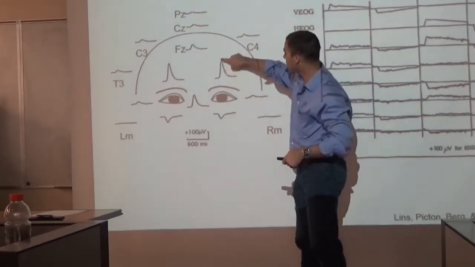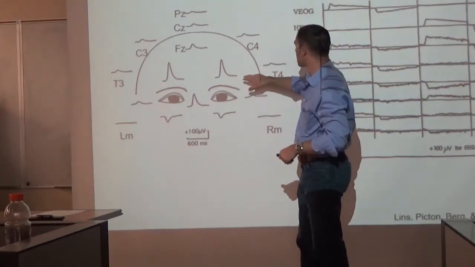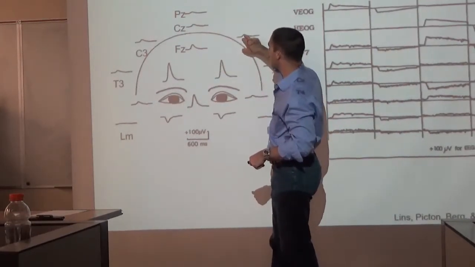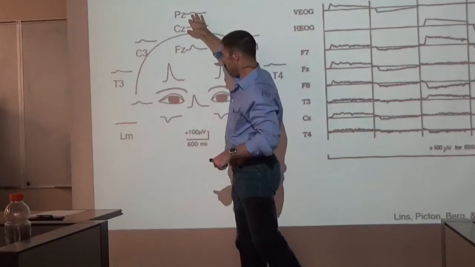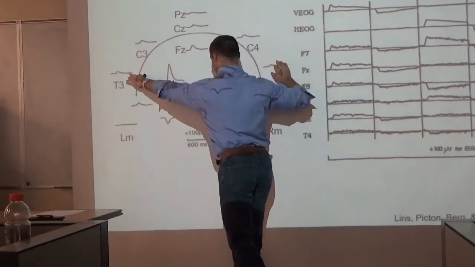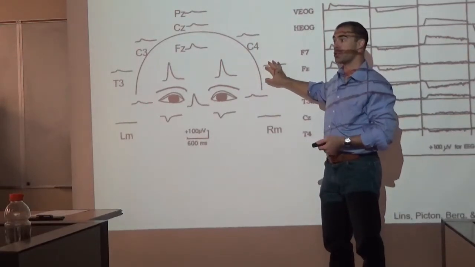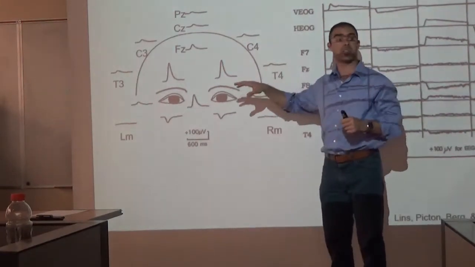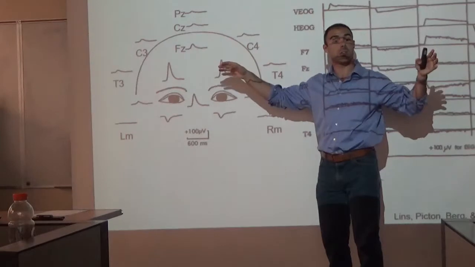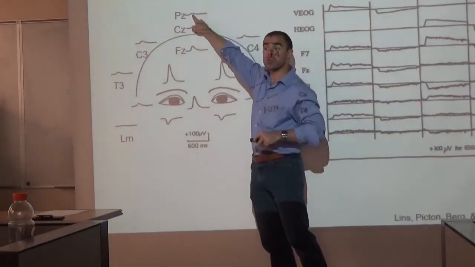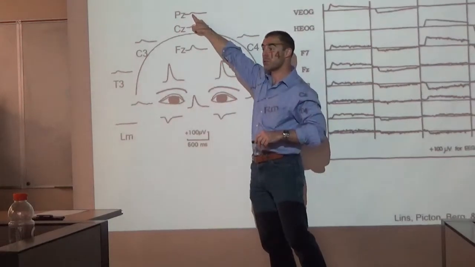When this big blink happens, it spreads to other areas close to it, a little bit to further areas, more posteriorly and more laterally to the temporal sites. This figure is really nice in showing that whereas it does spread to other sites on the head, notice how the further away you get, the smaller the effect is that spreads. You guys notice that?